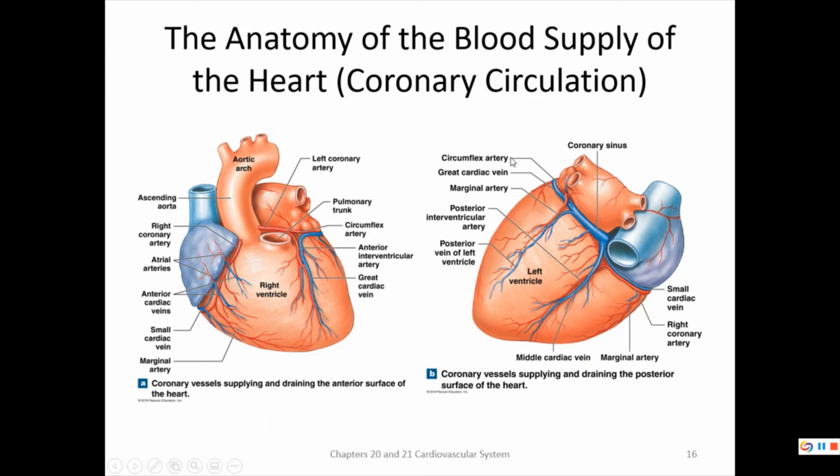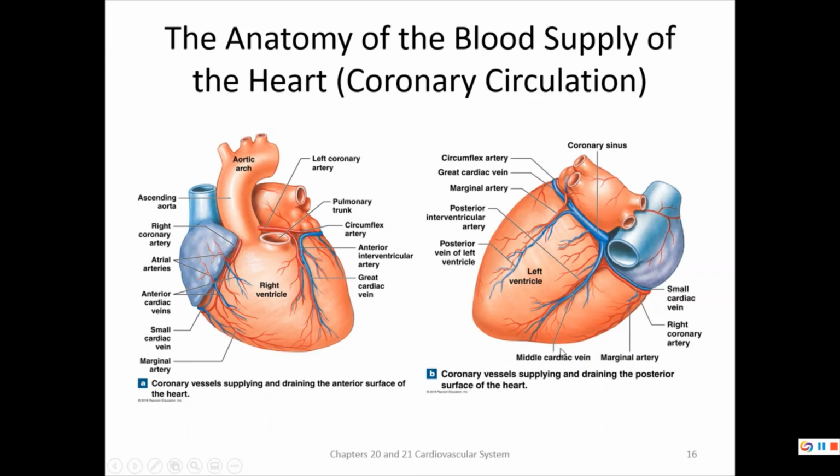One of the things that I give as a mnemonic in lecture is PC Gamps right. PC, posterior cardiac vein, posterior interventricular artery.